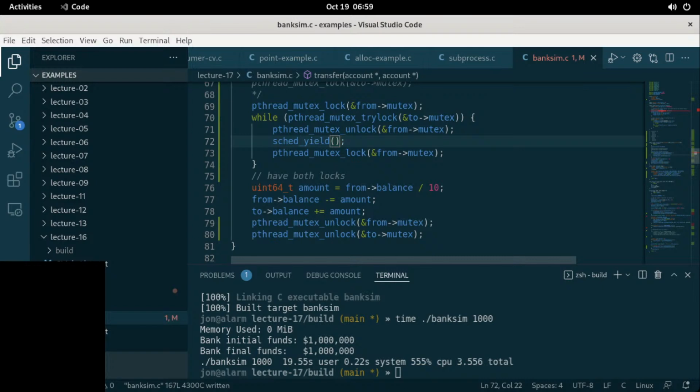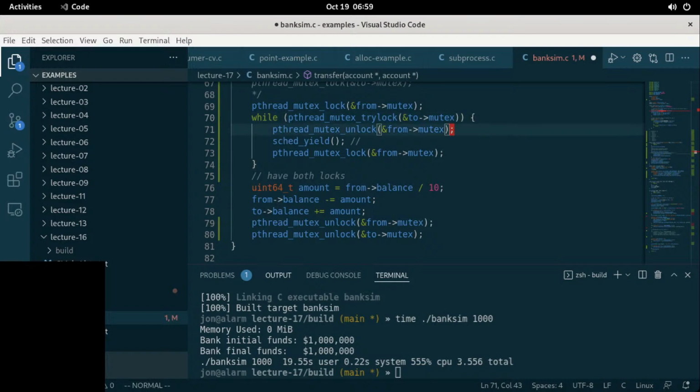Oh, cool, my camera died. So in this case, if I go into this while loop, it means I did not acquire the 2 lock because it failed. And then right before I sleep, I unlock from. So at this point, I have no locks. I only sleep when I hold nothing, and I only make it out if I have both.